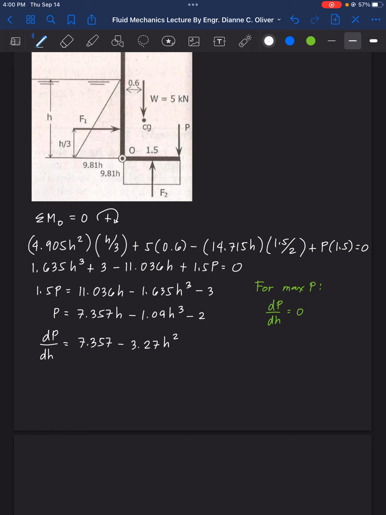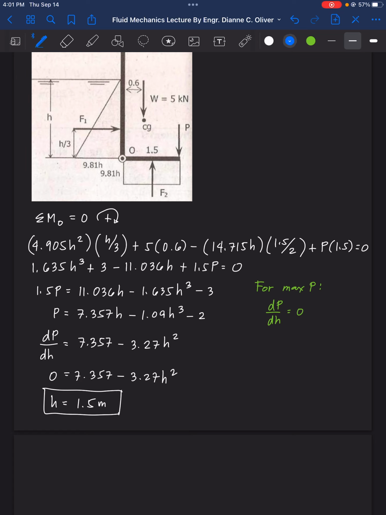Okay? Then let's equate this to 0: 7.357 minus 3.27 h squared. So h now is equal to 1.5 meters. Okay? So that's the maximum height.